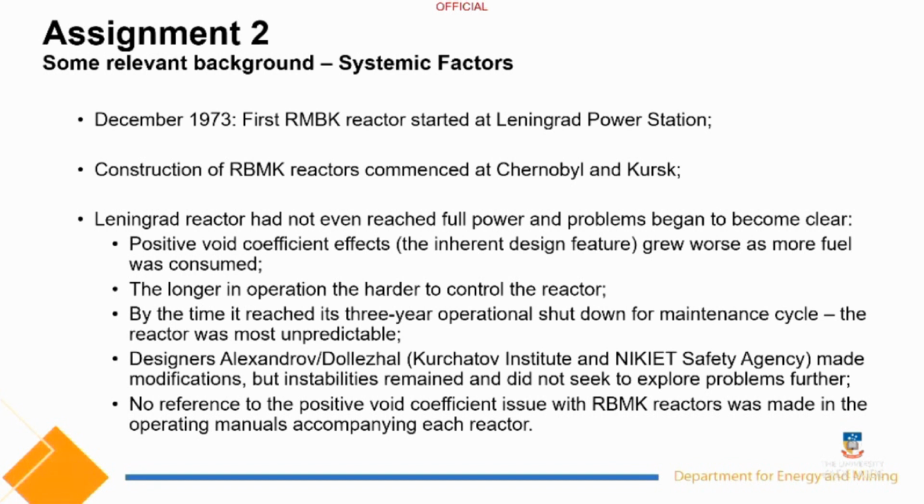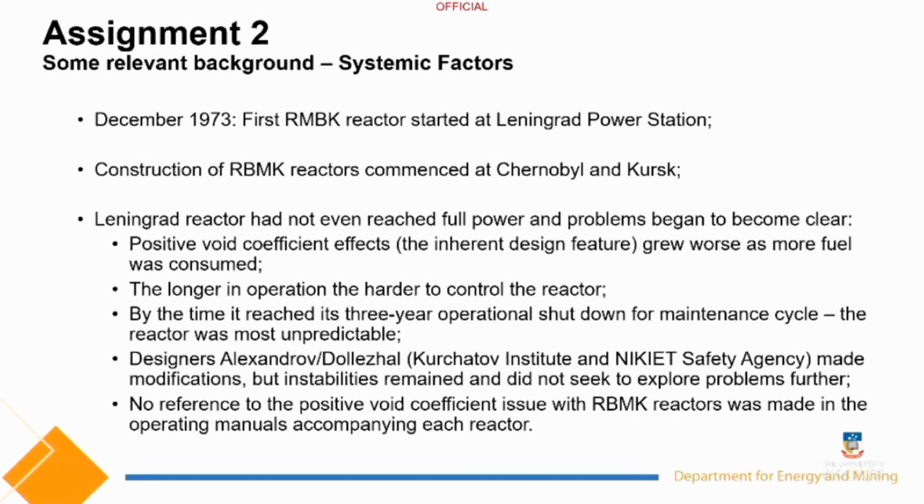The positive void coefficient effects, the inherent design feature, grew worse as more fuel was being consumed. They were seeing that positive void because of the fact it was graphite moderated. The longer in operation, the reactors became harder to control. By the time they reached the 3-year operational shutdown for maintenance, the reactors were almost unpredictable.